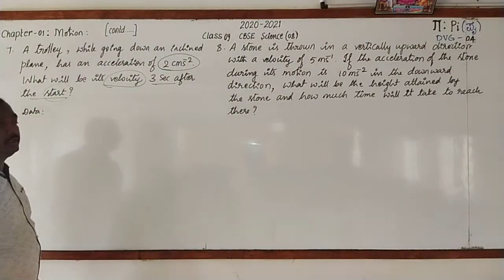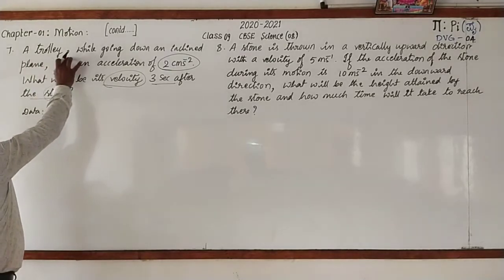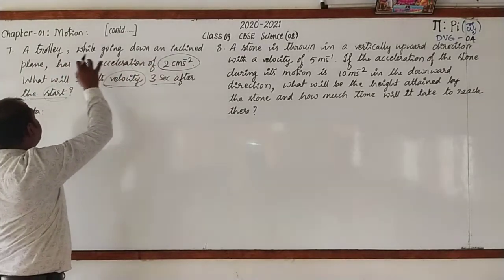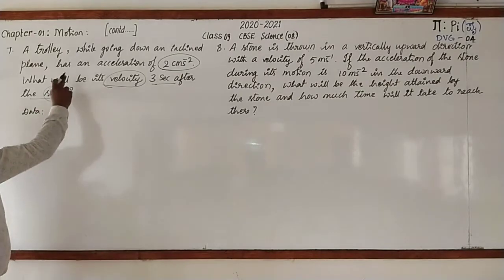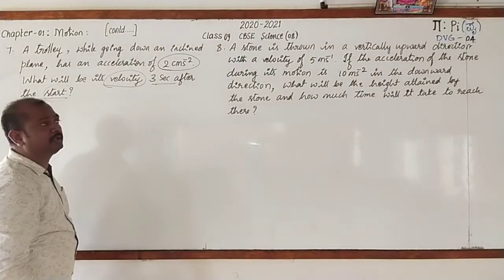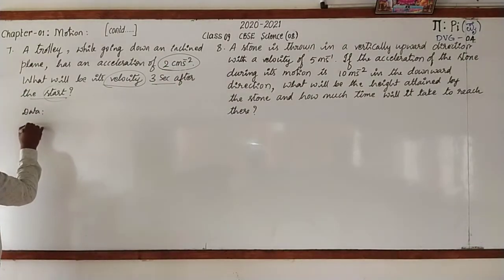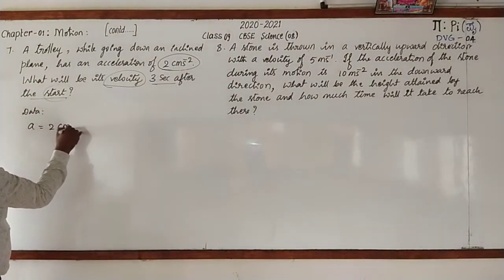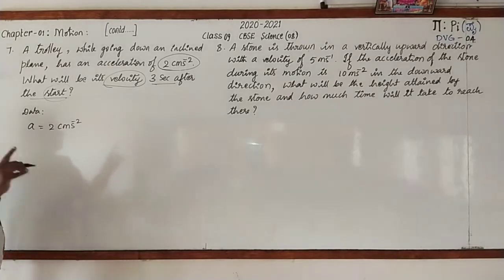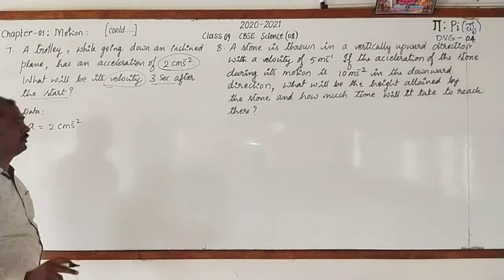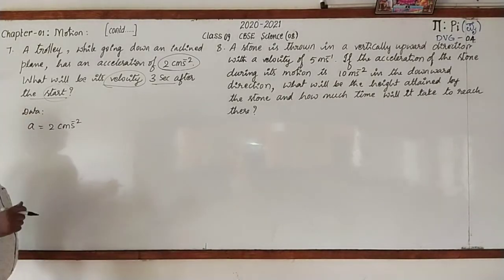Now let's go for calculating. Observe. First let me write the data. A trolley while going down an inclined plane has an acceleration of 2 centimeter per second square. What is it? It is acceleration, a equal to 2 centimeter per second square. Is it in SI unit? No. Then what is the SI unit of acceleration?